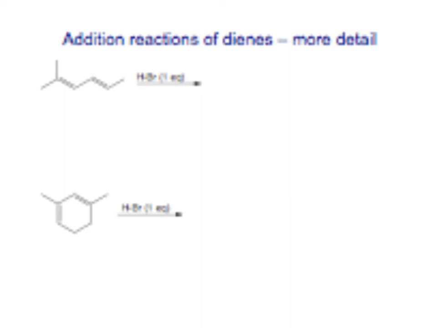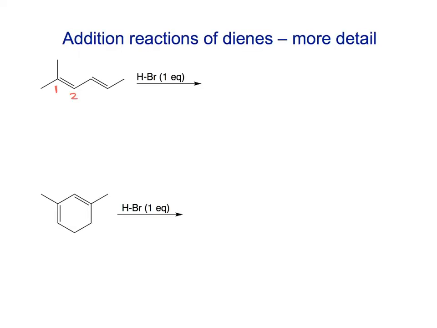All right? So, like before, the first step, which is one of the most important steps here, is to decide where that diene would become protonated to form the most stable carbocation. Okay? So if we just number these 1, 2, 3, 4, on which of those carbons would the proton go to form the carbocation? 2.